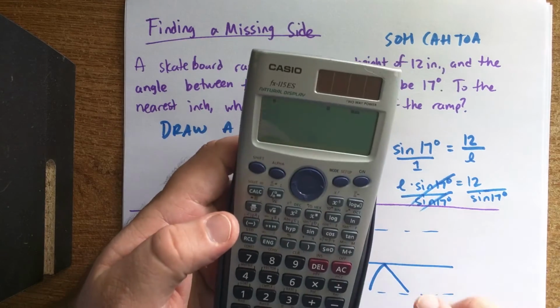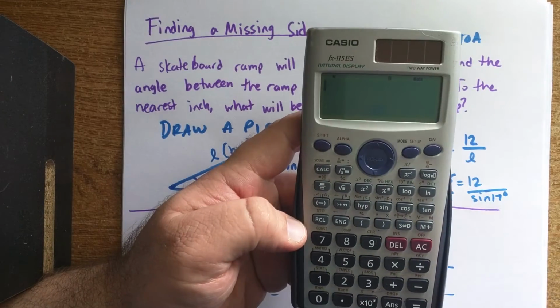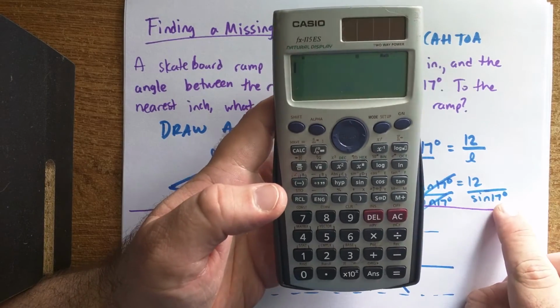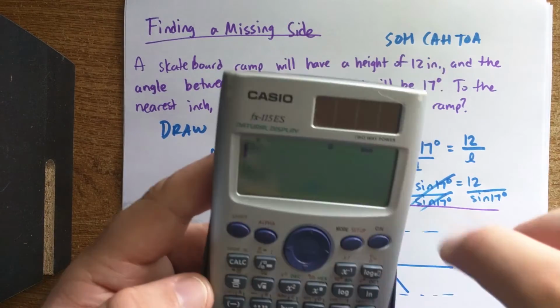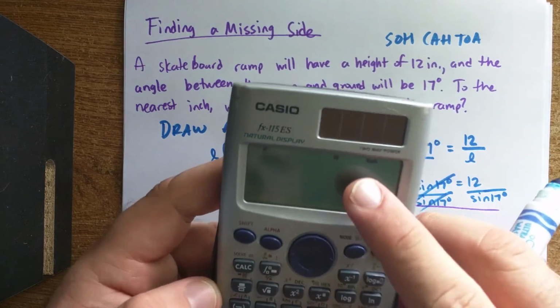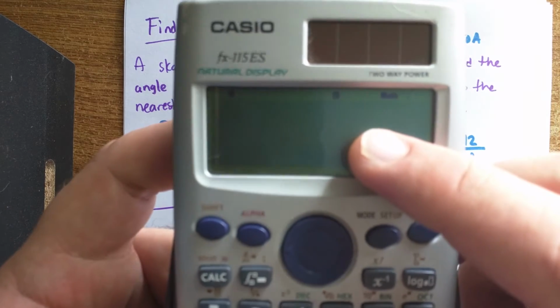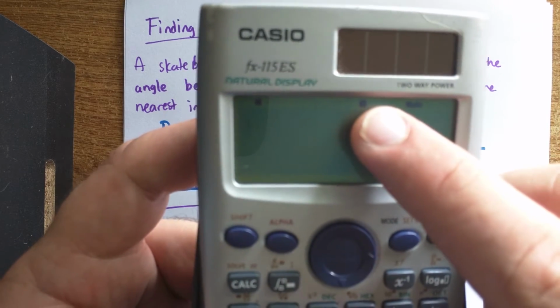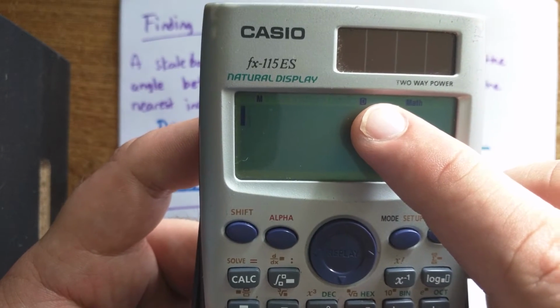on the calculator. One thing you have to really realize, and you should remember this from geometry, is this is sine of 17 degrees. Your calculator has two main modes that you're going to use. I don't know if you can see it, let me see if it will show up here. See where it says D?